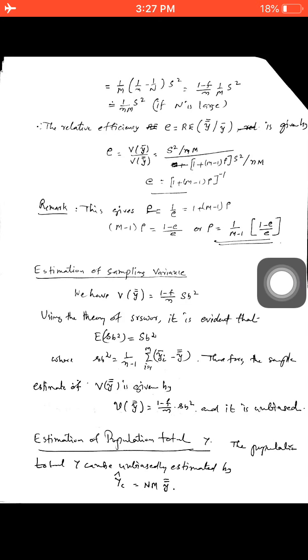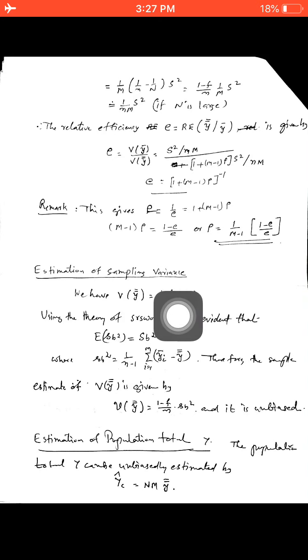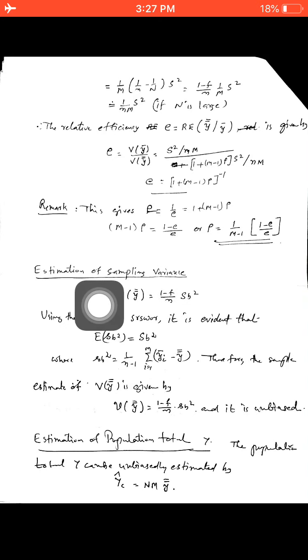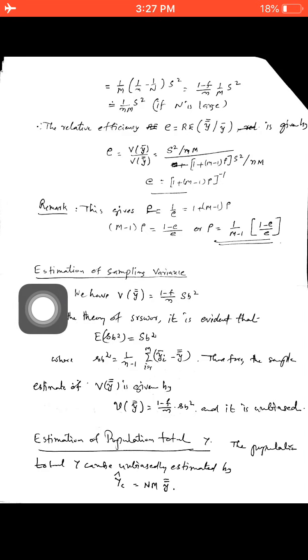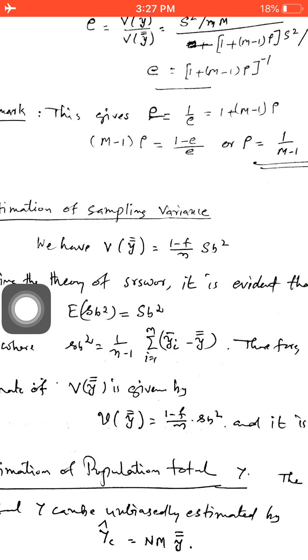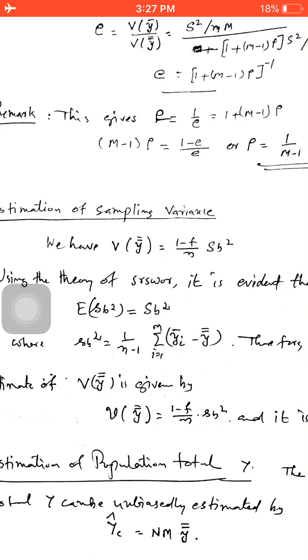Okay. And then another issue is how the sampling variance of cluster sampling will be estimated. For making an estimation of the true variance of y double bar, that is 1 minus f by n into capital SB square, we can use small sb square as an unbiased estimator of capital SB square. Why?